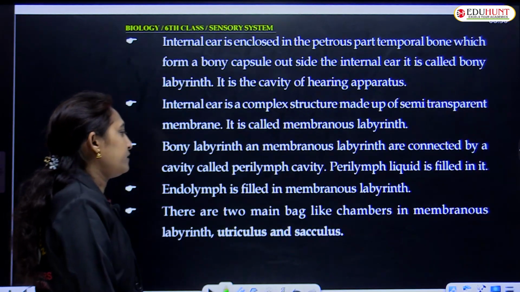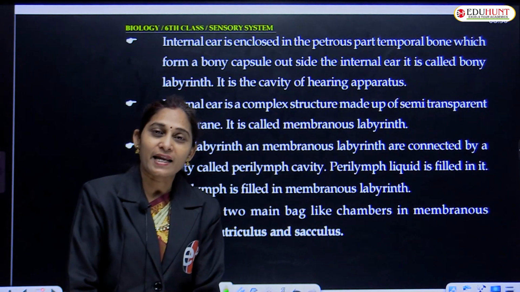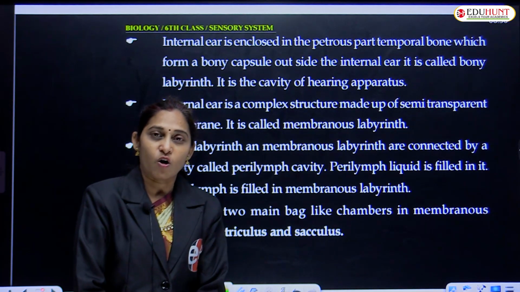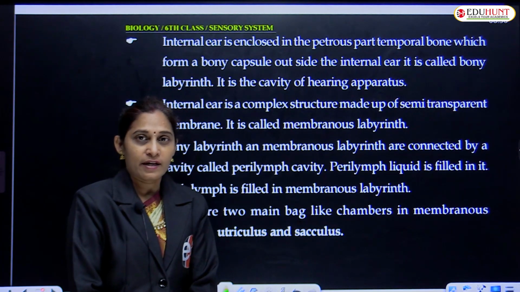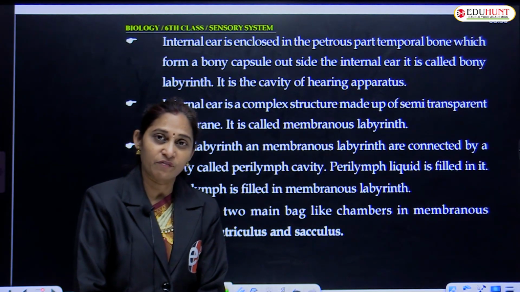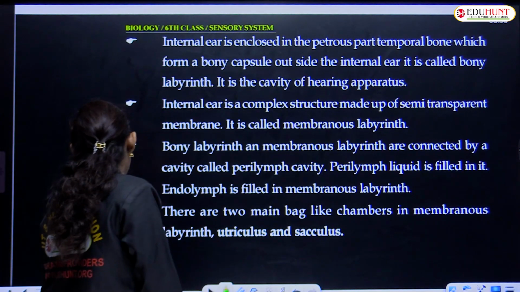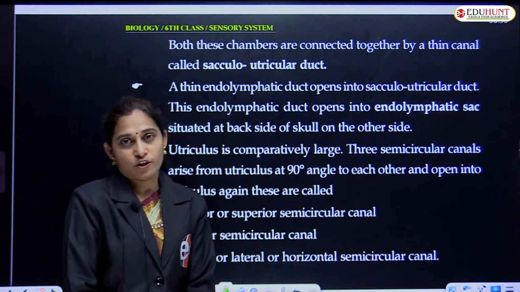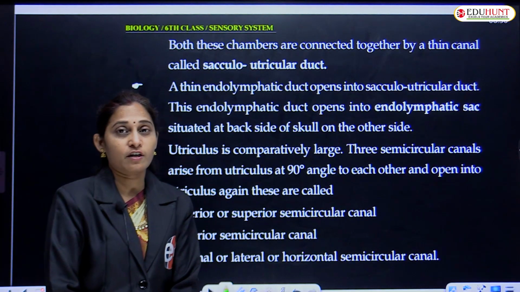And there are two bag-like structures in the membranous labyrinth called utriculus and sacculus, which we have also mentioned in our previous video. Between these two, utriculus and sacculus, which is larger?